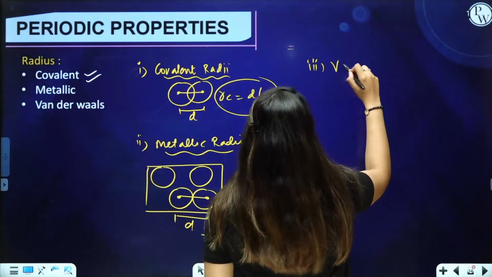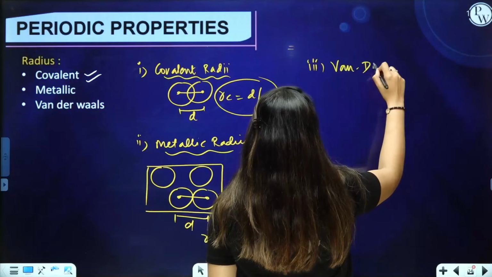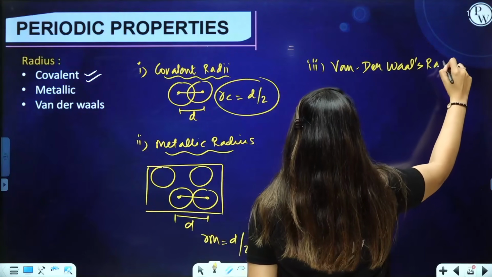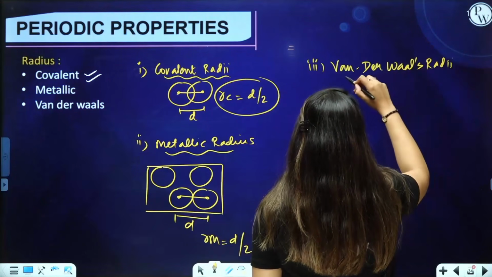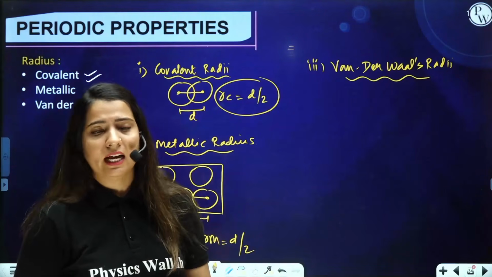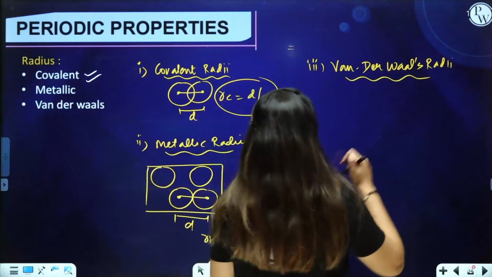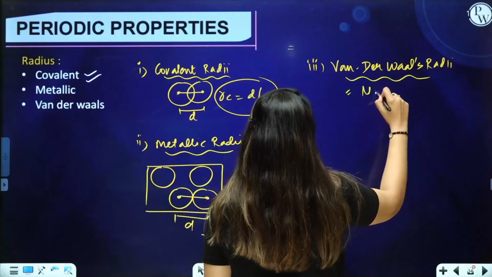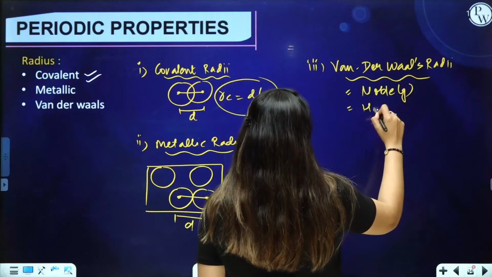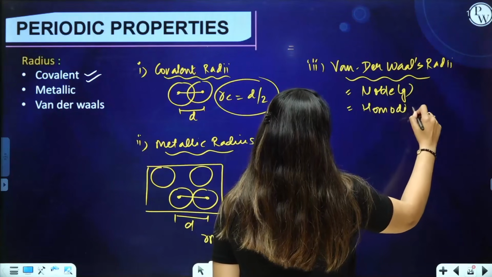Van der Waals radius. Van der Waals radii is specifically for the noble gases and for the homodiatomic gases.